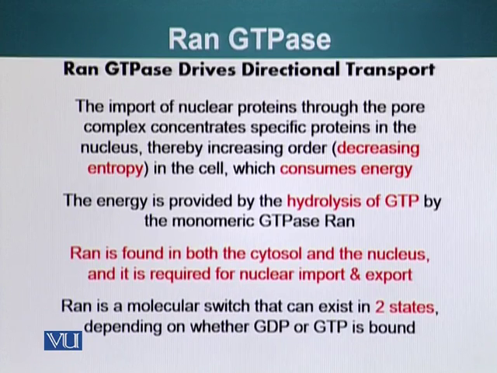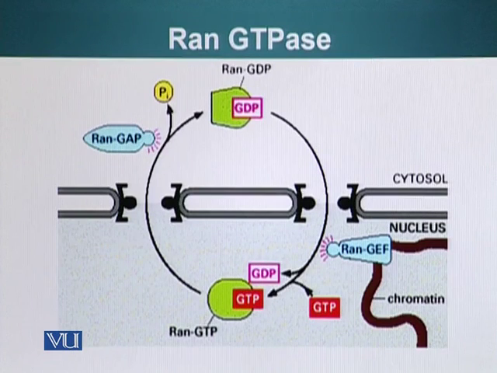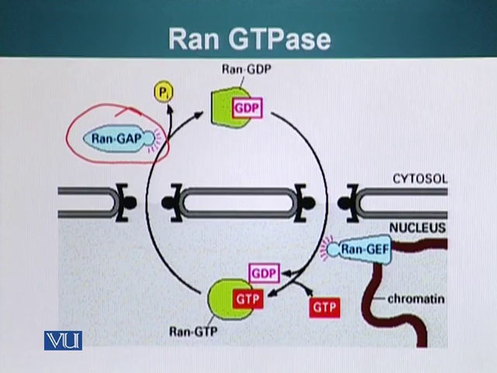As we know, in RAS, there are accessory molecules which help RAS, and actually there are also two molecules which help RAN. So we have talked about GAPs and GEFs. There's RAN GAP, which is RAN GTPase activating protein, and RAN GEF, which is RAN guanine nucleotide exchange factor.